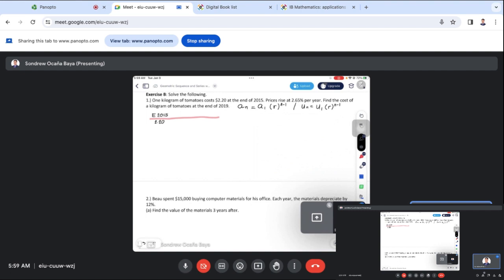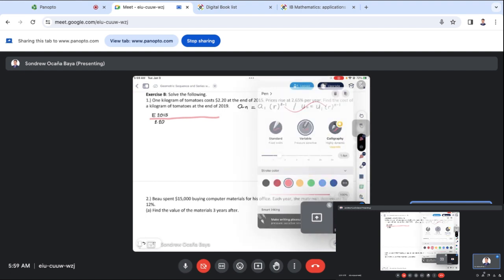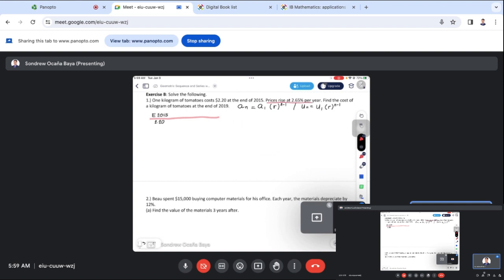Now, take note that prices, it's mentioned here, that prices rise at this particular rate, which is 2.65%. So, if you review the material, this is a sample of a percentage increase. Okay?